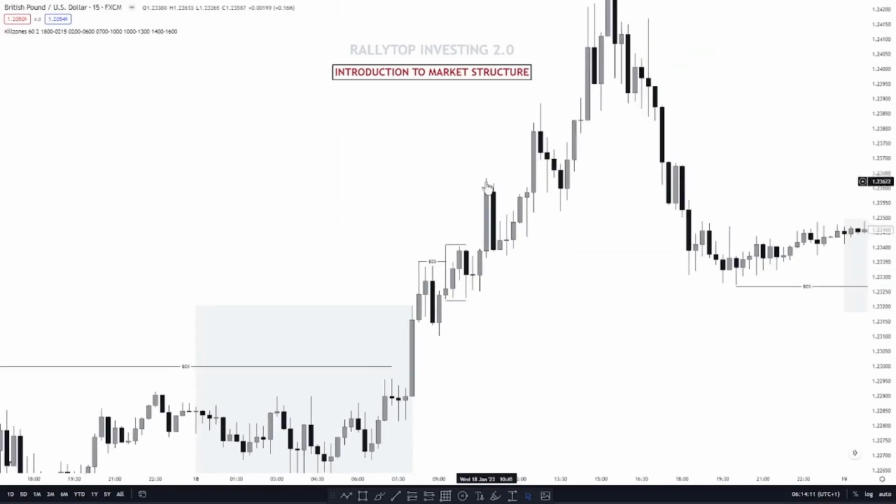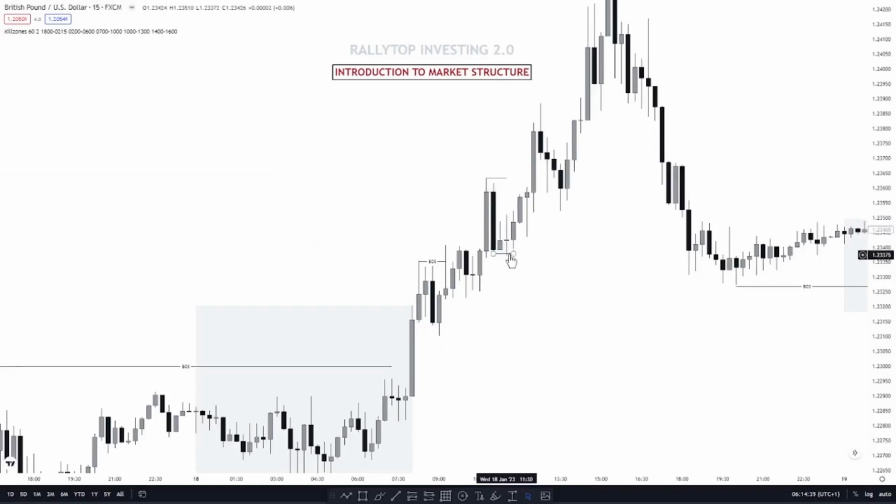So we continue. Printed another high. Let's see whether we have a valid pullback here. This is our high. And where is the low? Well, this is our low here, guys. Can you see that? Now, the high is protected because no candle went up to take out our high, the high of our master candle.